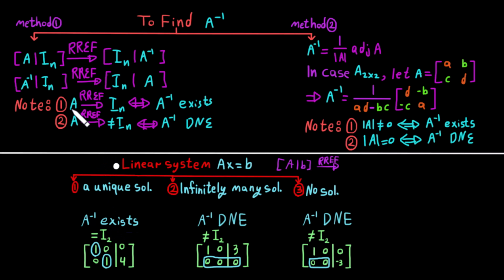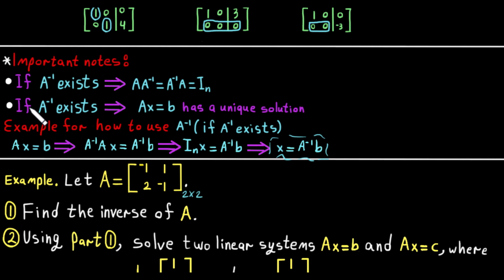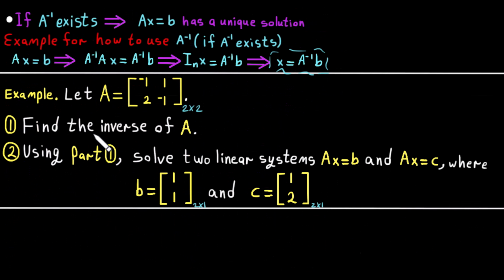If you can transform A to identity, then A inverse exists, and you will get a unique solution. So this is very important to understand the concept and to know more than one method and combine them together to understand the general concept. Now let's solve the question. So here you can see if A inverse exists, then AX has a unique solution, which is exactly as we have done here.